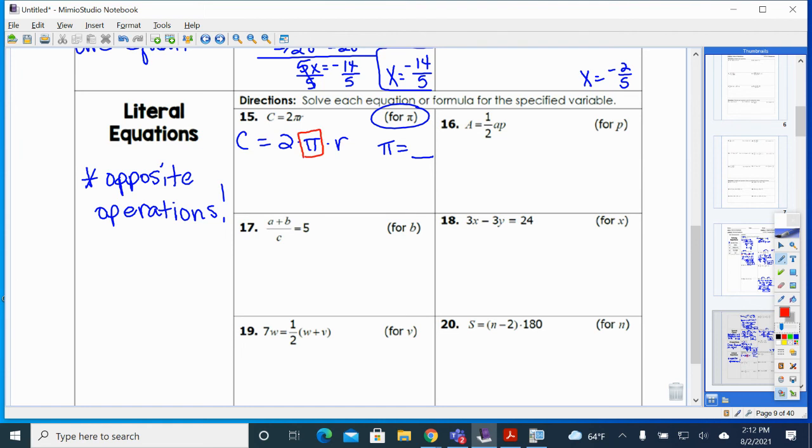Then I'm trying to get rid of the 2 and I'm trying to get rid of the r. Well, the operation that's going on there is multiplication. How do we undo multiplication? We undo multiplication with division. So if I divide over here by a 2 and an r, the 2's cancel and the r's cancel. I'm going to do the same exact thing on the left, and it's going to be C over 2r is equal to pi, and that's your answer. Pi is equal to C divided by 2r.